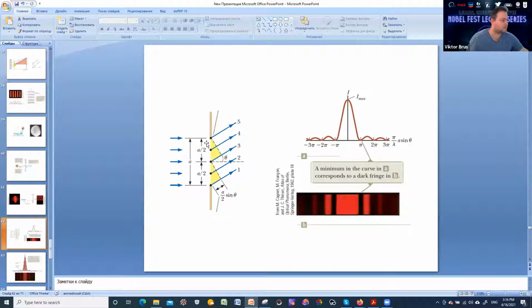So here we have the slit, and each point of the slit could be considered as an individual source of light. In this case, we can consider different interference effects when we combine light originating from different sources. So it could be modeled as interference with multiple slits.